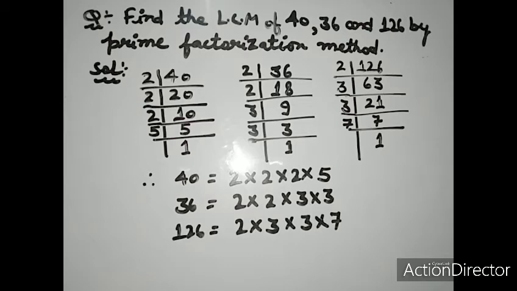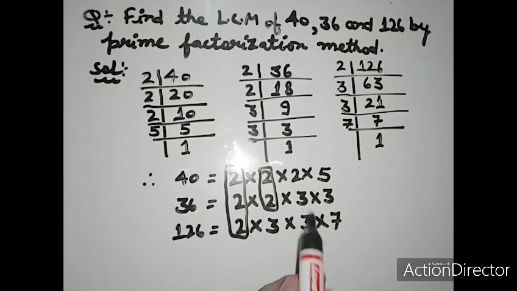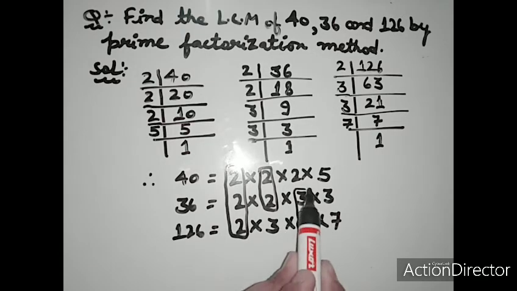So now here we observe all these factors, and first we make a pair of these numbers like this: 3 numbers, 2 numbers, and then 2 numbers.